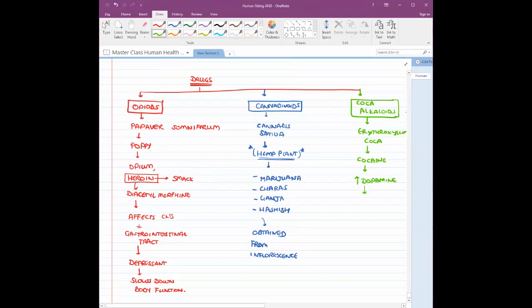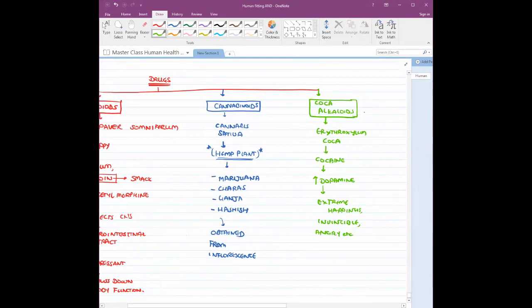Okay. So that makes you extremely happy, or you feel you are invincible, or this is going to make you extremely angry, etc. Okay, but what is this cocaine called in normal language, in street language, guys? This is known as coke, or this is also known as crack.